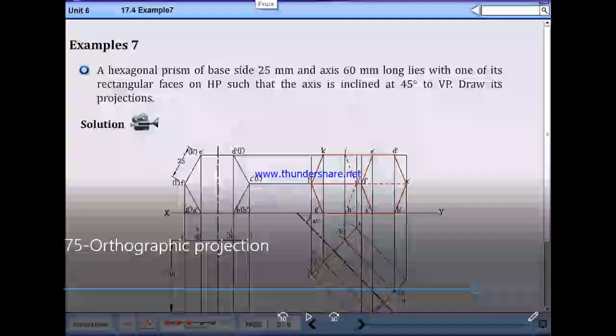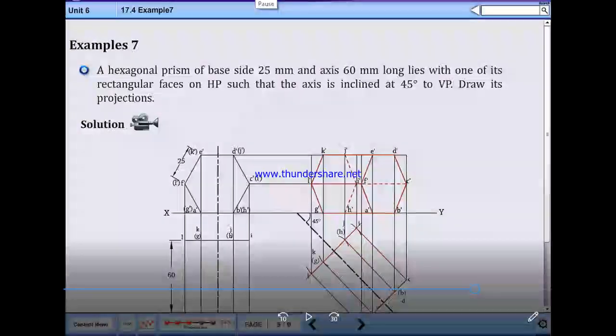This solution is given regarding the example 7. Please note on this example 7 and the previous example 6 and do your own as homework. Please note down.